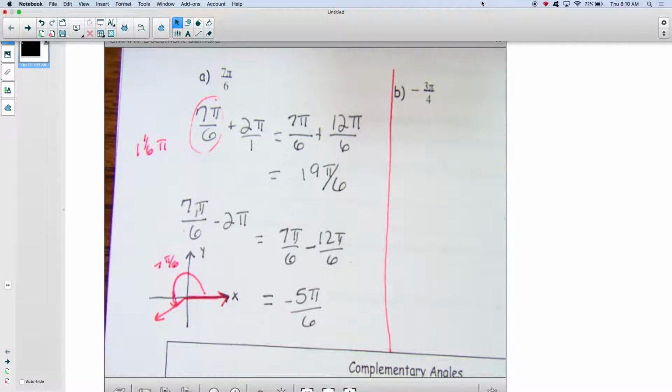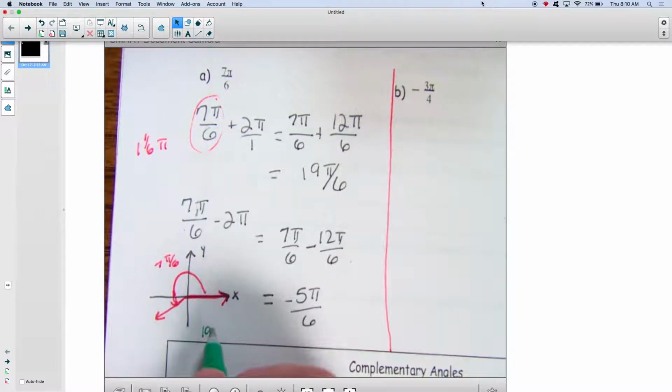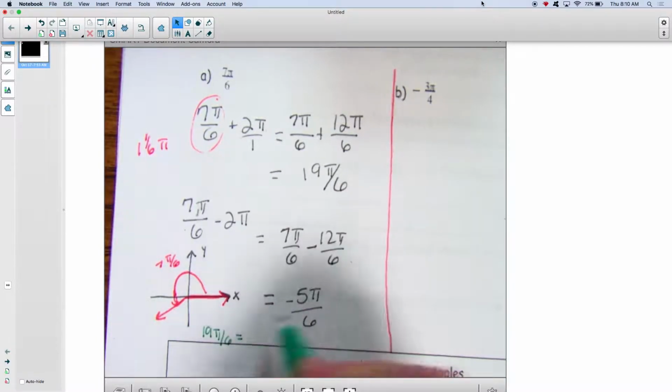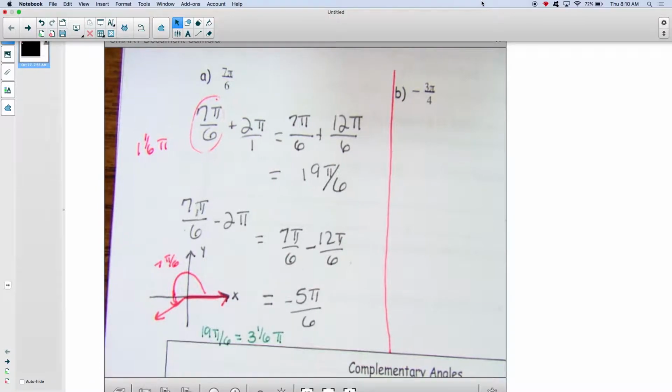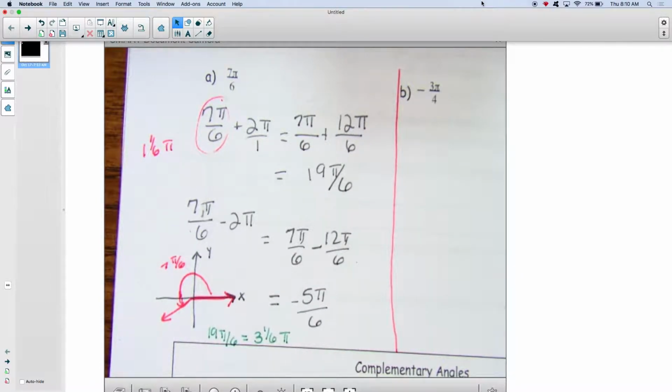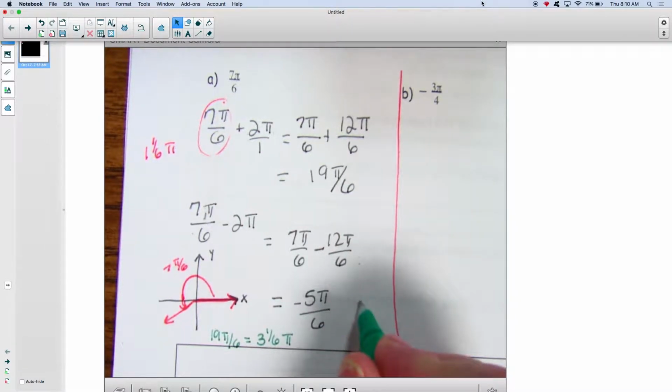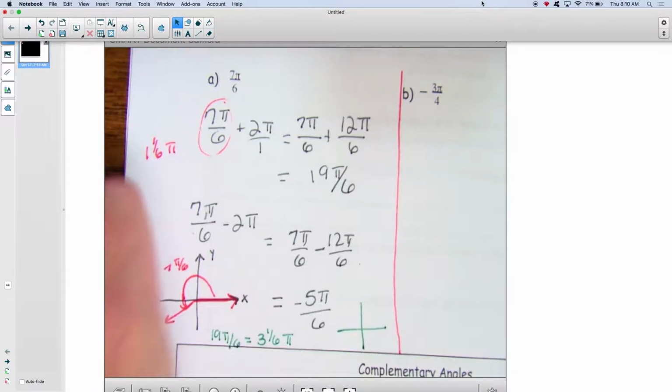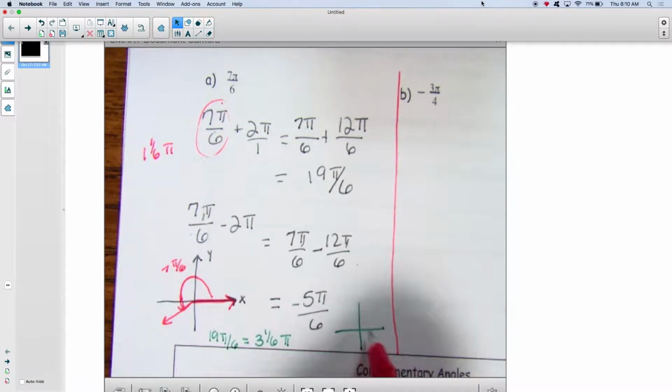How do I get to 19 pi over 6? Well, 19 pi over 6 equals 3 1/6 pi. So I've got to rotate 3 pi and then a 6th. So we're going to go 3 pi is going to be what? Starting here.